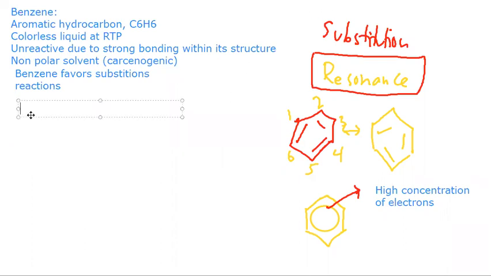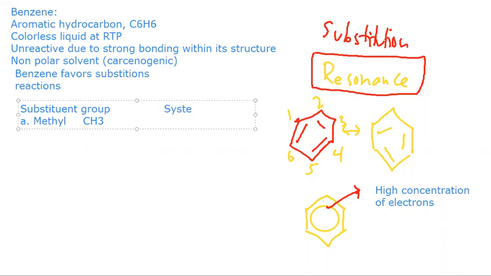For example, if I have methyl, which is CH3, and I replace one hydrogen with CH3, the systematic name will be methyl benzene.